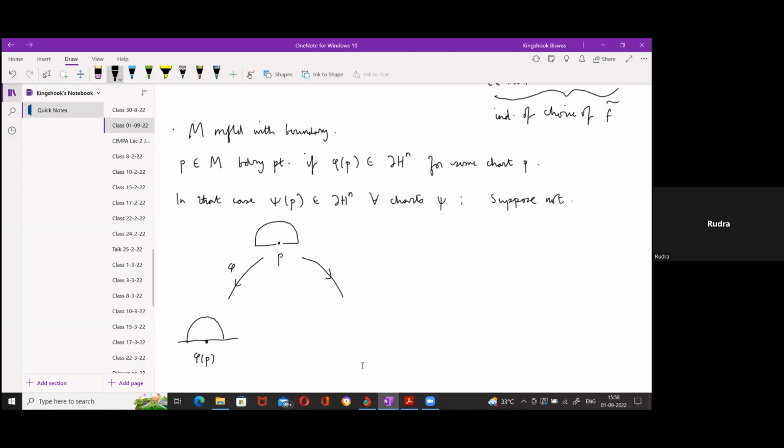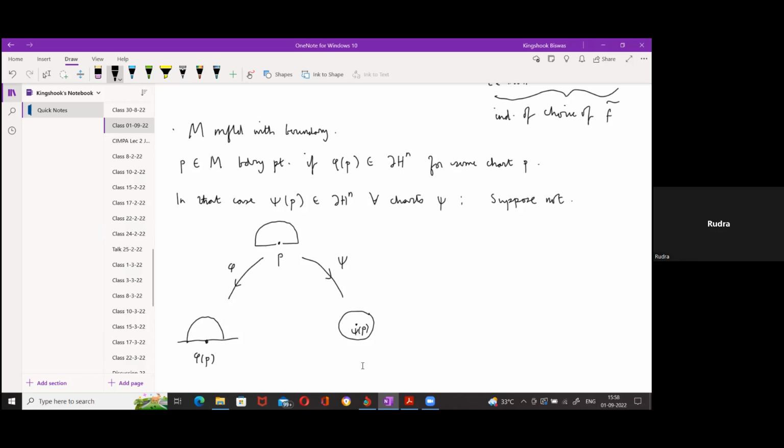Then I have some chart psi such that this maps into Hn, or rather to an open subset in Rn. This would be psi of P.